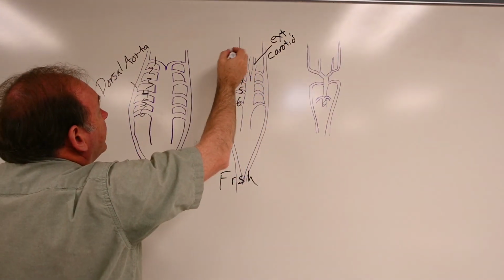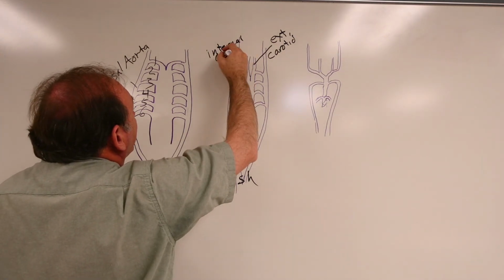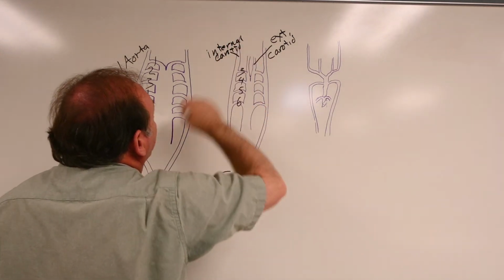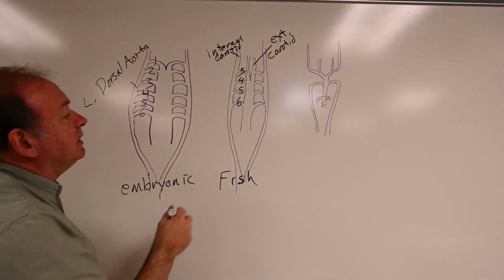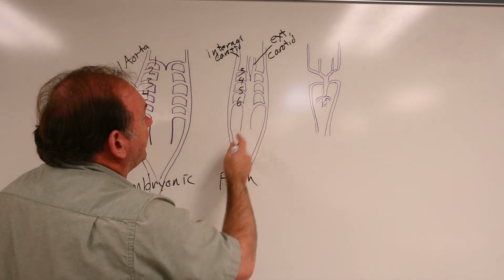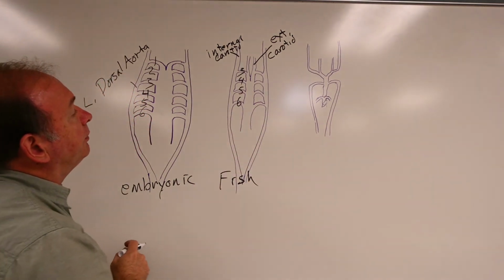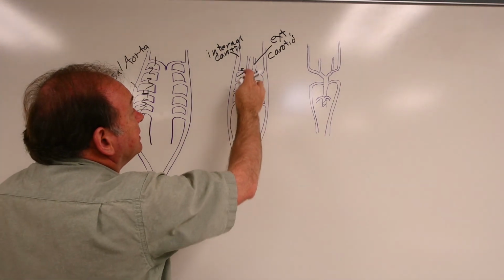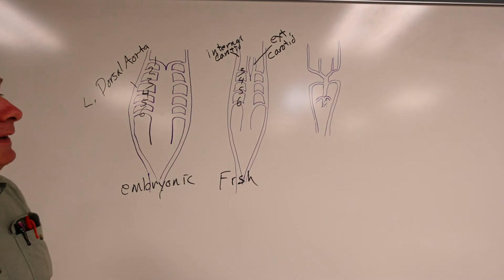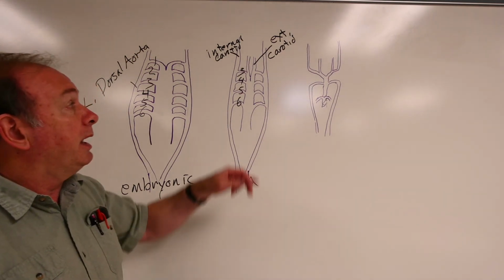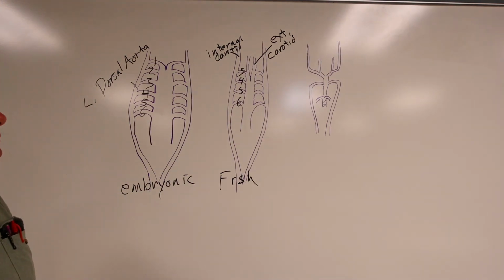These over on the side over here, these are going to be internal carotid arteries, even though they're actually part of the aorta, that anterior extension of the aorta. So we still have the left and right aortas above, and they come together as one down below. So these 3, 4, 5, and 6 supply the gill arches in a fish. So the blood supply to each of the gills comes from those arches.